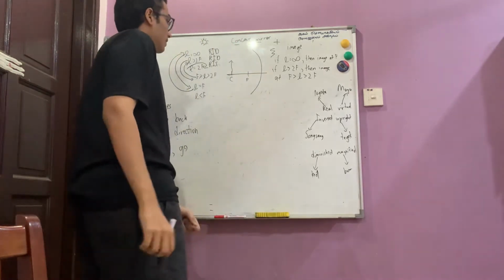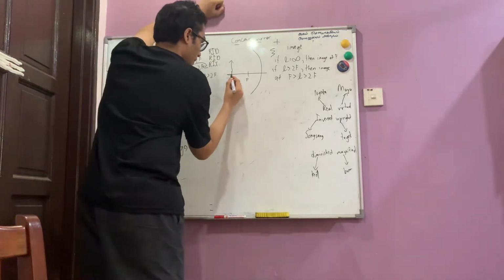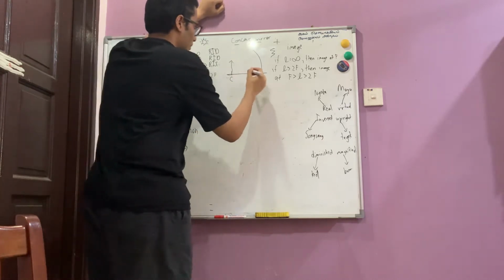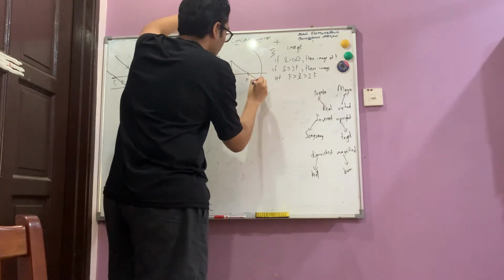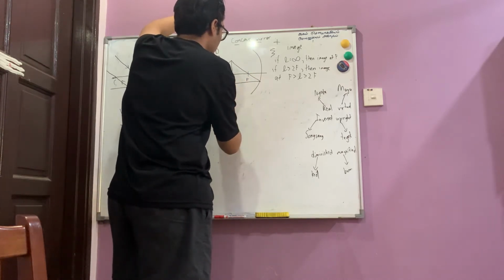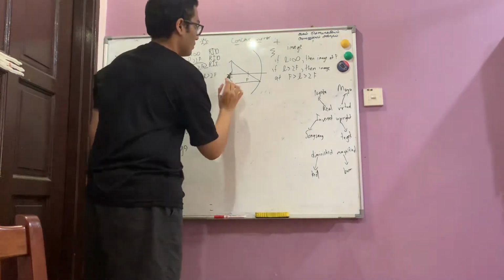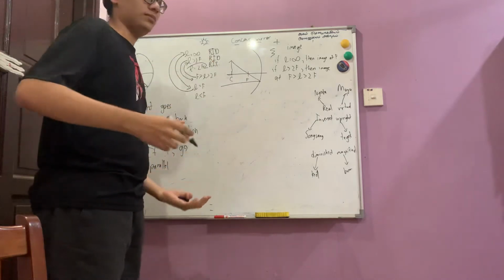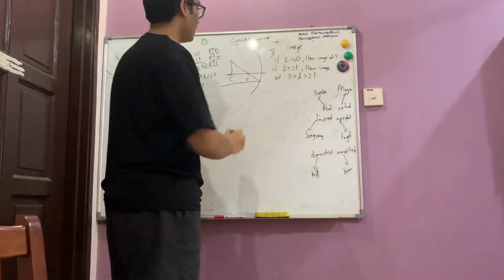You'll see the object is a bit close to C because my drawing won't be accurate. So I draw, start, go to F, become straight. Now you have a problem. How does the light go to C? That's what we'll be asking. So there is one more technique.